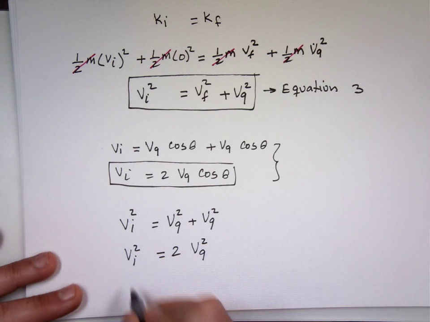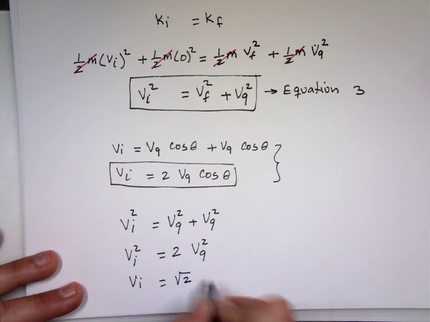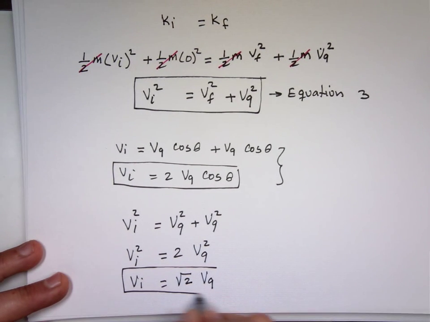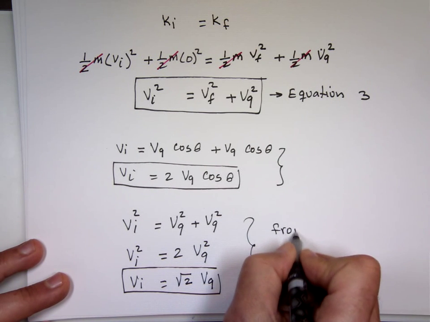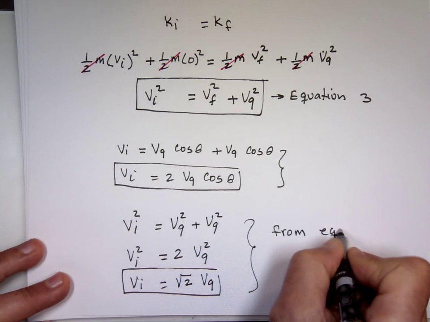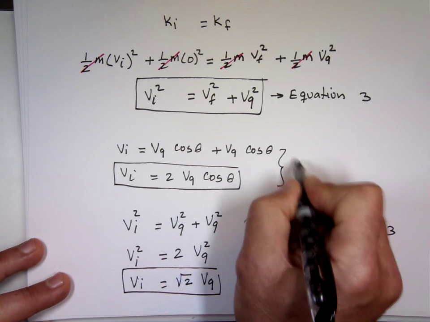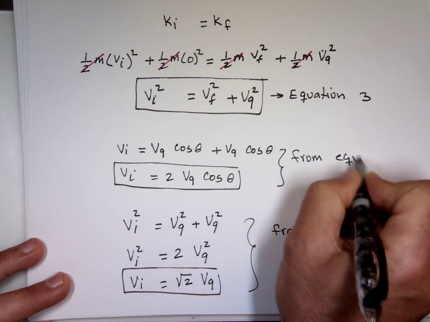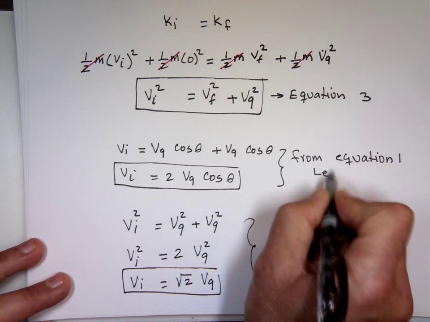Vi equals the square root of 2 times V9. That's from equation 3. This is from equation 1, where you let Vf equal V9.